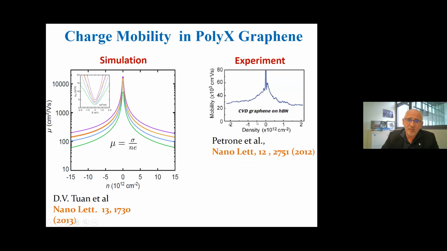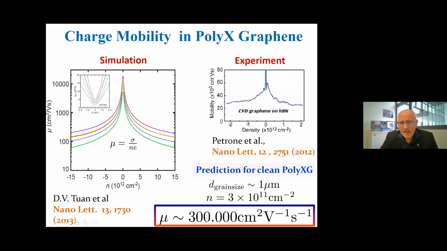Here is an example where you have CVD graphene on boron nitride, and you get the typical large increase of the mobility when you go to very low density. Actually, from the simulation, we could predict that if the polycrystalline graphene is very clean, the impact on the transport is just due to the grain boundary.